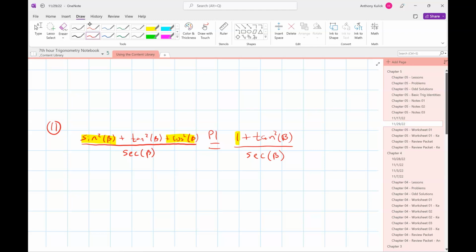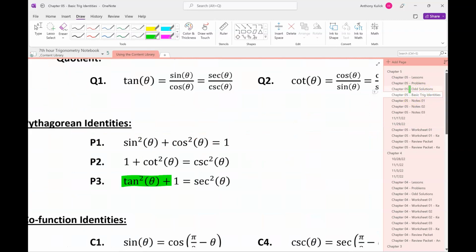Alexis says, look at that numerator. That I recognized. We're just looking at the P's. Look at P3. 1 plus tangent squared. Well, that's the same as tangent squared plus 1, right? 2 plus 3 is the same as 3 plus 2. It doesn't matter the order I add things.